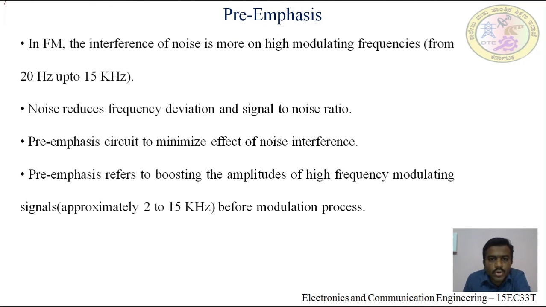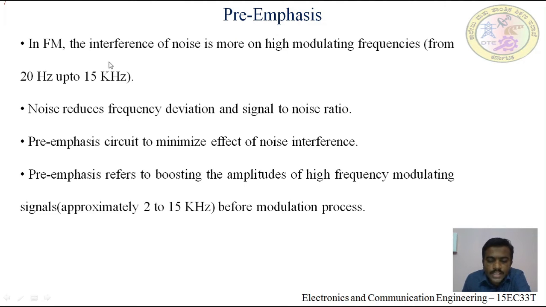In frequency modulation, the effect of noise is very high on high modulating frequencies. It means that if we use high frequency modulating signals which have the frequency in the range from 20 Hz to 15 kHz, then the noise can easily mix with this frequency range.